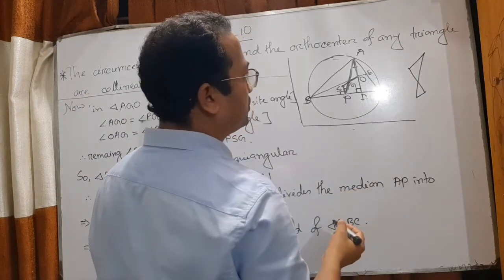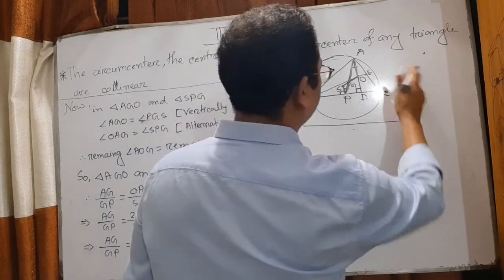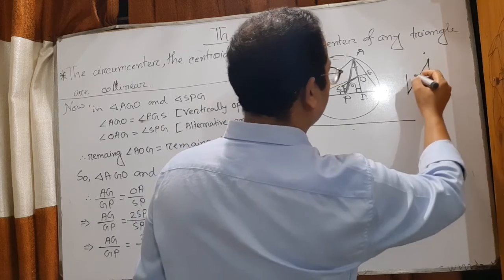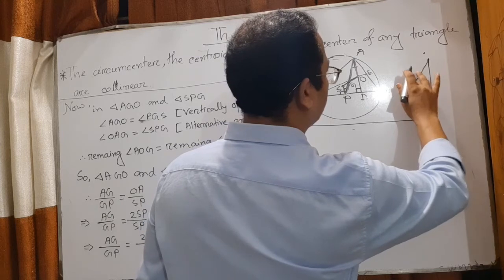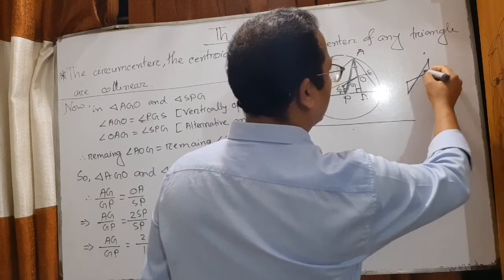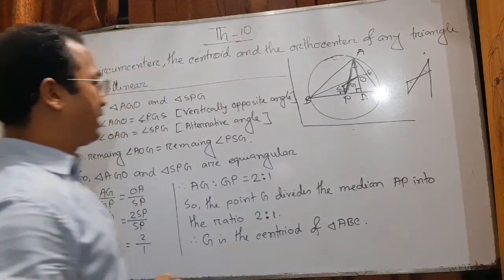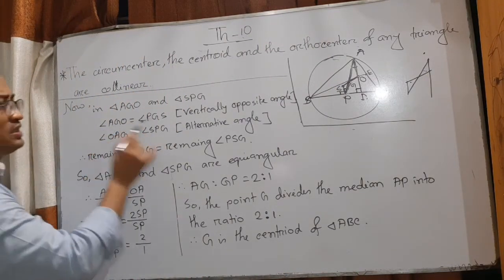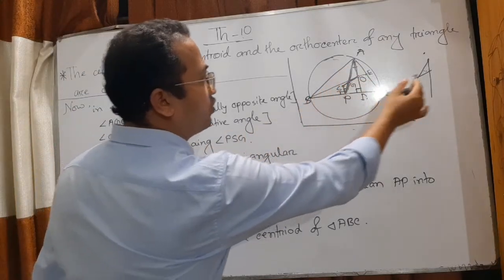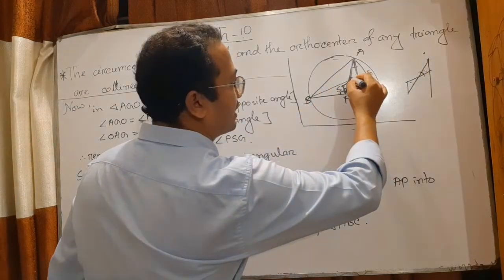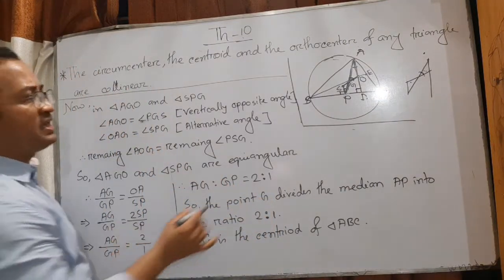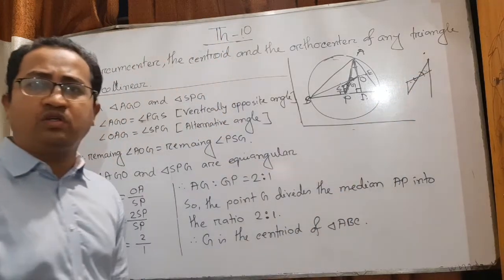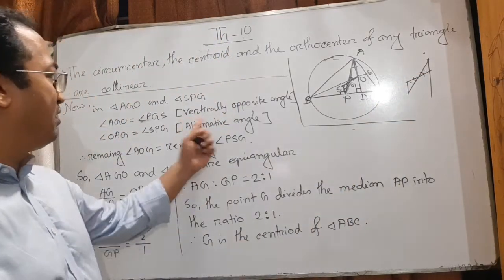In these two triangles, angle AGO is equal to angle PGS, because they are vertically opposite angles.